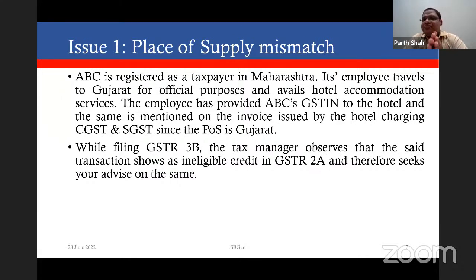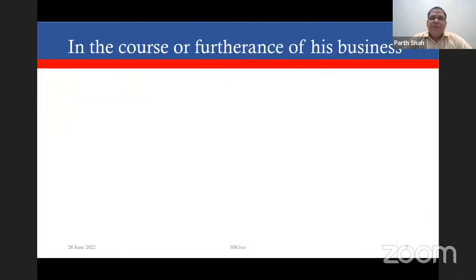We have seen cases where ITC has been sought to be denied by the tax officers merely because the place of supply is not in the location of the recipient. Please note there is nothing in the legislation so far to support such an argument, but we have seen notices, so we have to be cautious on that front. This takes us to the next important requirement for claiming credit, and that is that the supply should be in the course or furtherance of business.